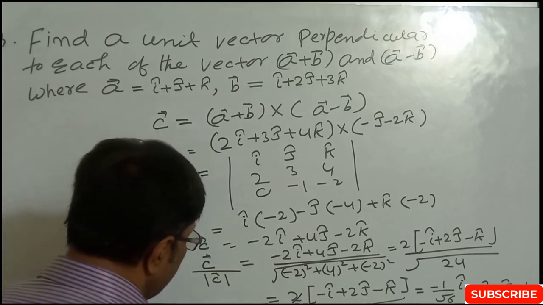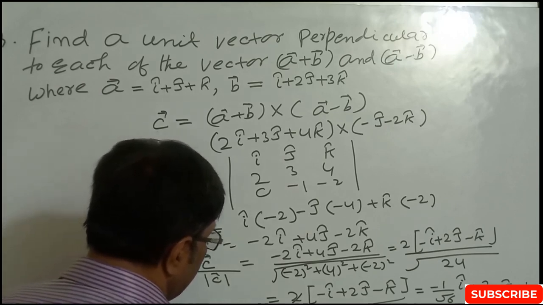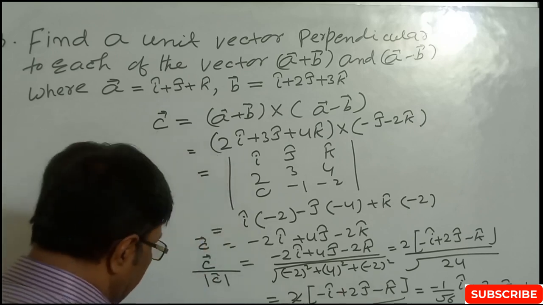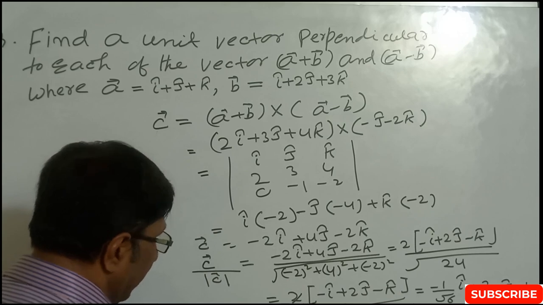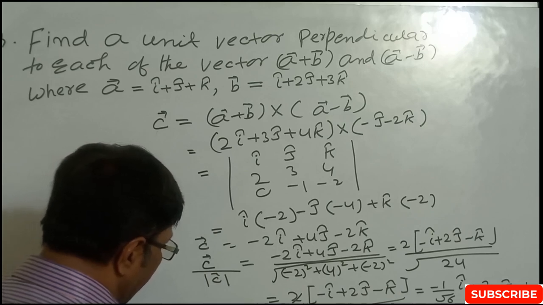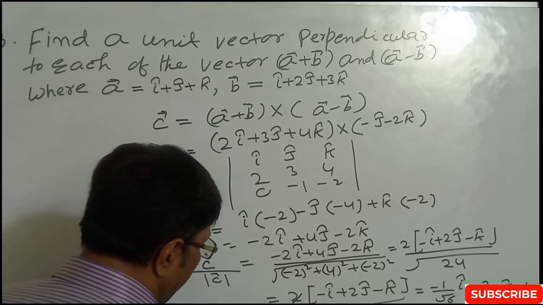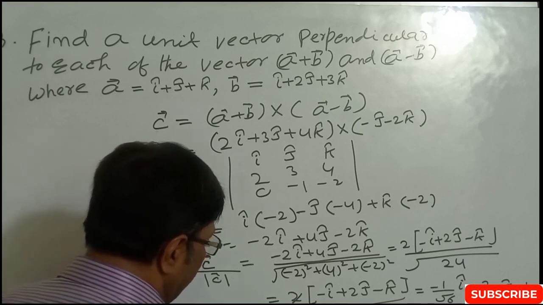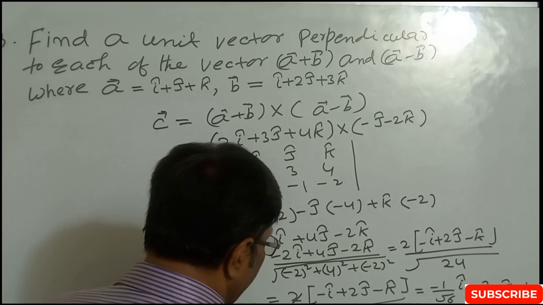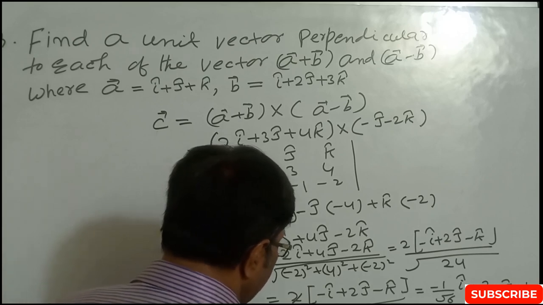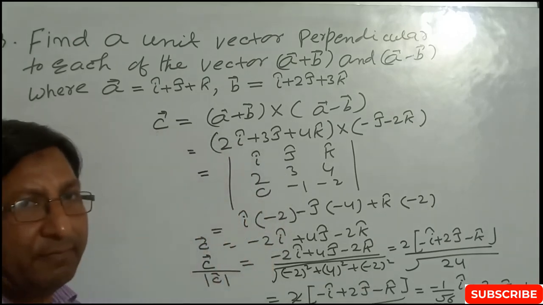So other unit vector is minus of this. So this is minus of minus 1 upon root 6 unit vector i plus 2 upon root 6 unit vector j minus 1 upon root 6 unit vector k. This is the right answer. Thank you.